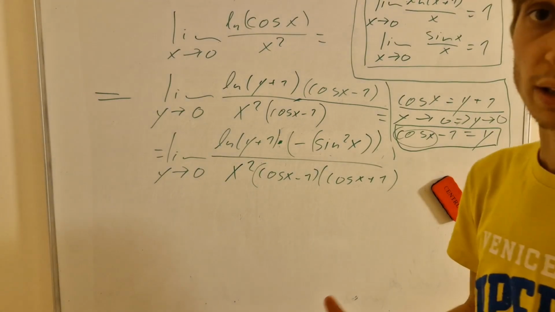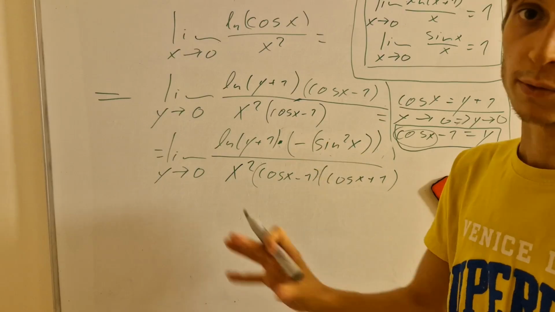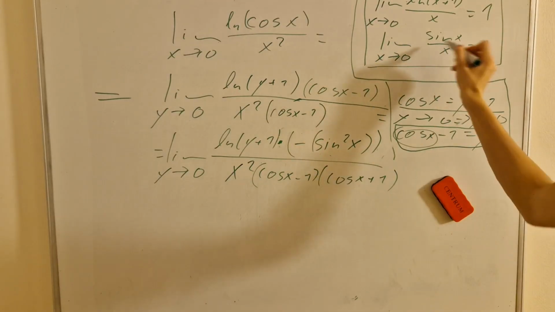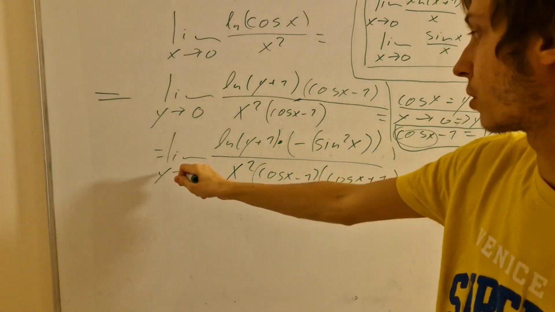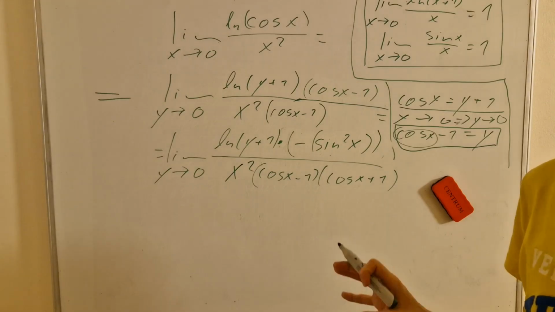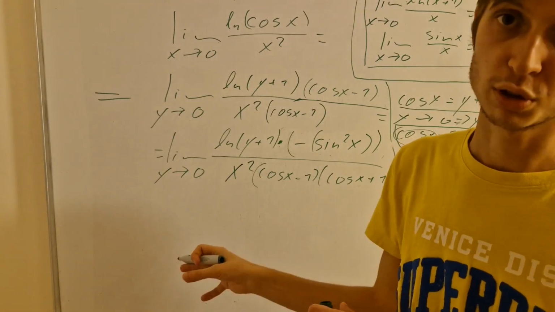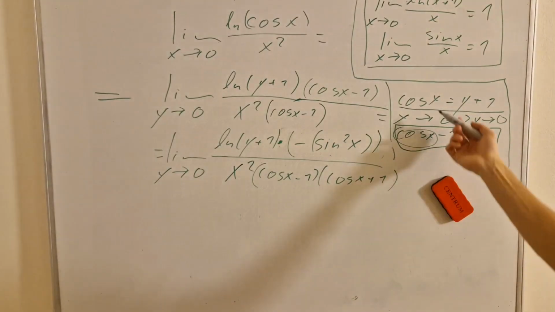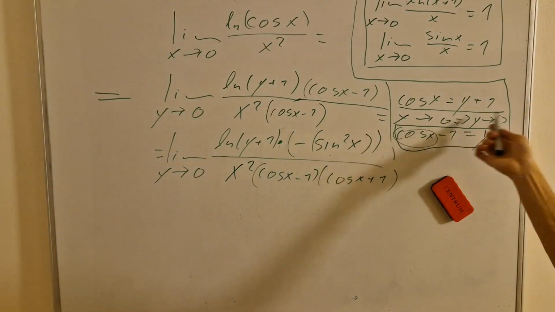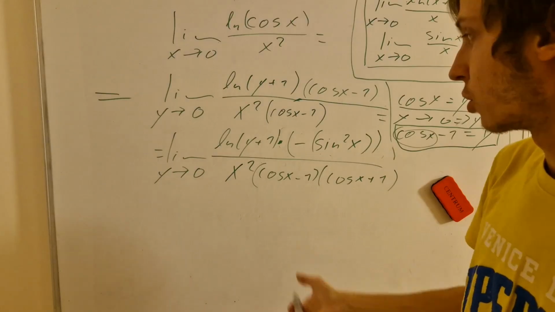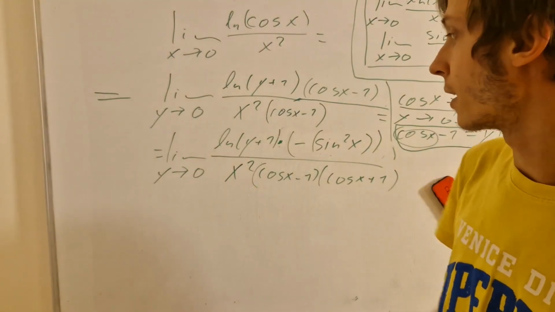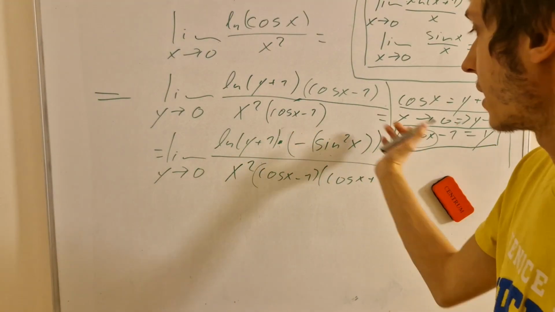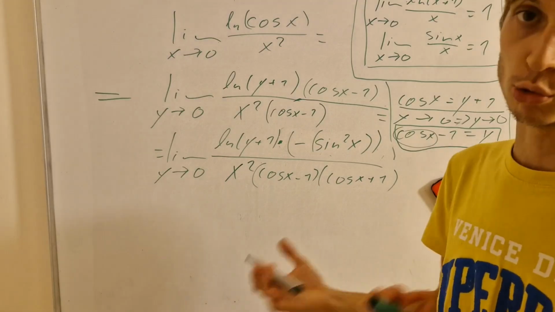And now we can already use one of the famous limits. Sine x over x is 1 as something goes to 0. And we know that even when y is going to 0, x is also going to 0, because fortunately, this substitution allows that. This substitution told us that x goes to 0 and y goes to 0 at the same time. So even though we converted it to y, x's are still left inside the argument, but we can still treat them as going to 0 as well.